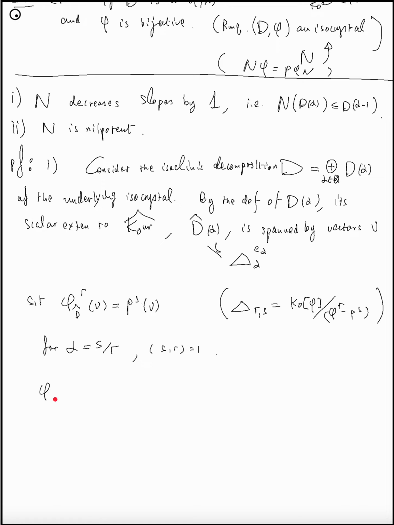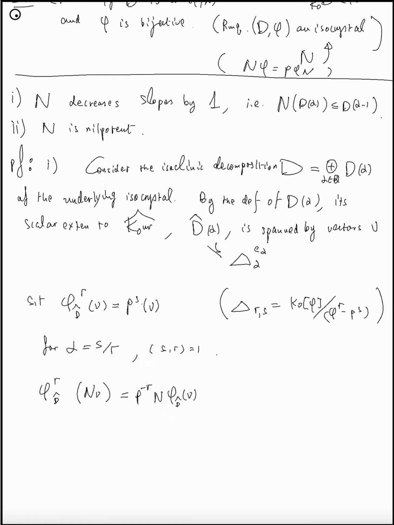So now let's compute, because we want to check which D alpha N v lies in. So we have to check the relation of phi power and p power over N v. The nilpotent monodromy operator applied on v gives, by the condition N phi equals p phi N, p to the power minus r N phi v.